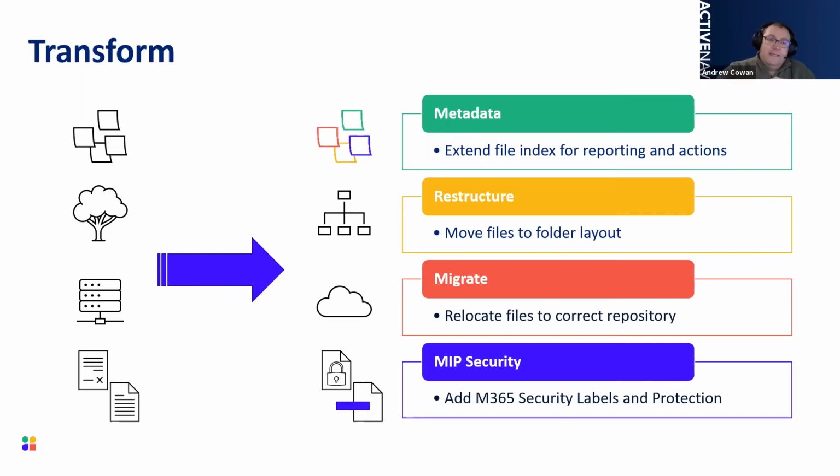So every single Word document, every single PDF could have an MIP sensitivity label attached to it. So it could be a public document, or maybe it's a restricted document that contains financial information, or it's a confidential document that contains PII or tax information or something like that. The document itself gets modified. It has that MIP sensitivity label embedded in the file. So no matter where that file goes, it's going to have that identifier inside the document.